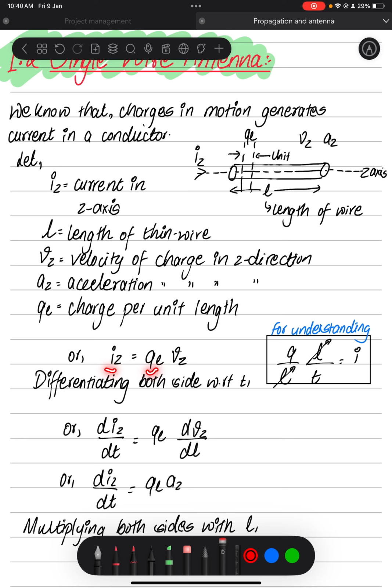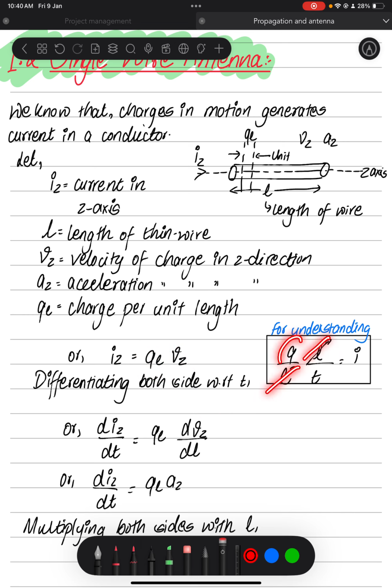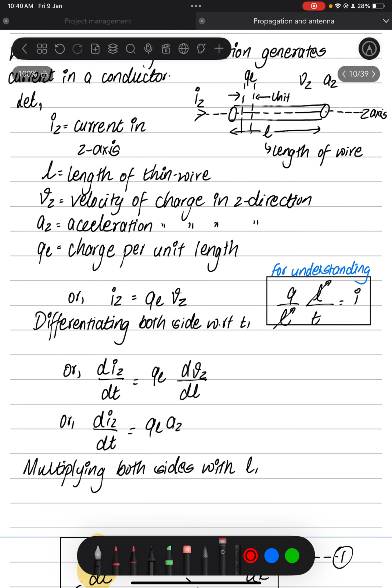Charge into velocity is equal to current, because there is charge per unit length, and velocity is length per time. When you cancel this, q upon t is equal to I, simple, just for understanding.